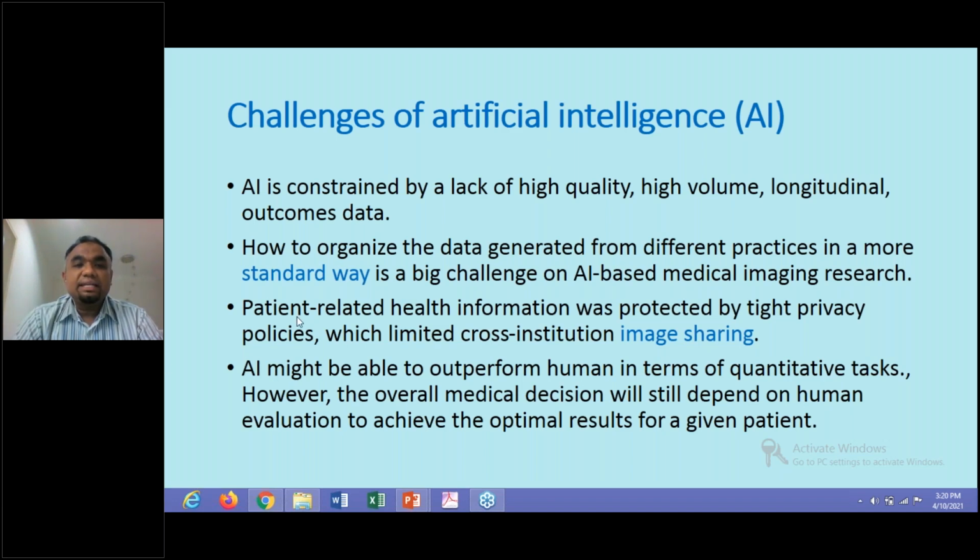The next challenge is related to privacy and also policy based on the confidentiality of the data. This becomes an issue with teleconsultation nowadays because of the pandemic. You can see a lot of teleconsultation available, in which you don't need to go to the clinic to see your consultant.